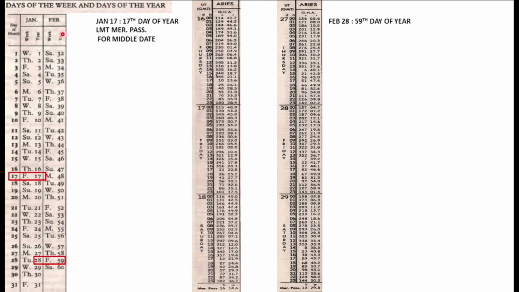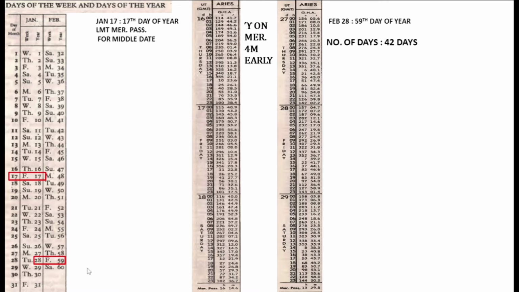We have a table in our almanac of days of the week and days of the year, right in the beginning of your almanacs, and from there you can get the day of the month and what day of the week it is. So from 17 January, I got that it is the 17th day, it's a Friday, and then February 28th I got here: it's the 59th day, and so the number of days between them is 42.